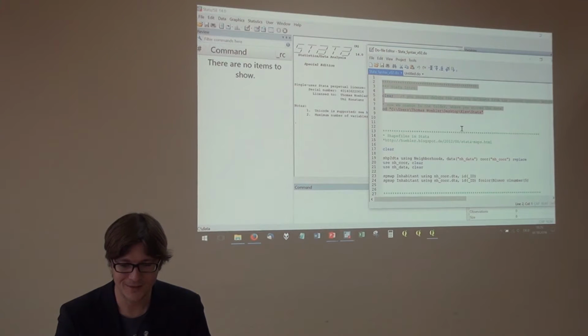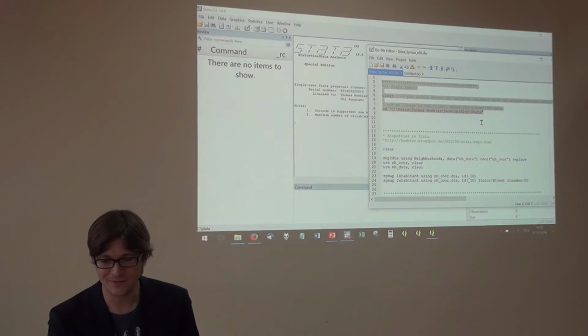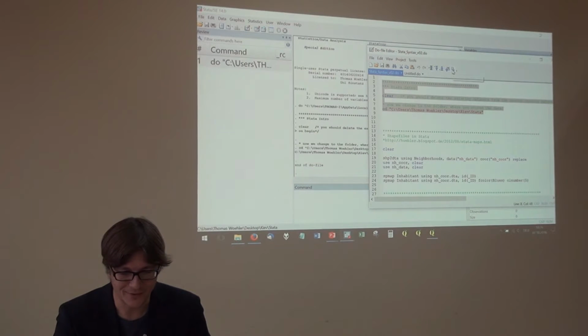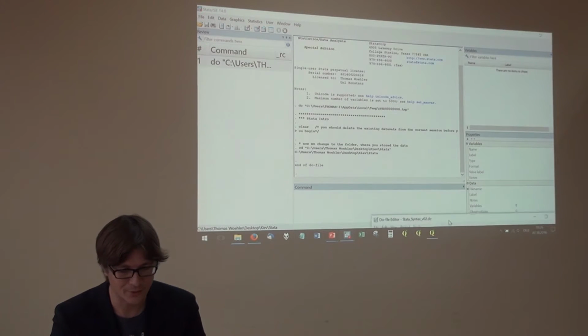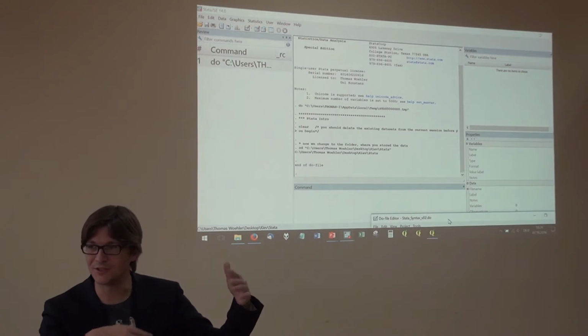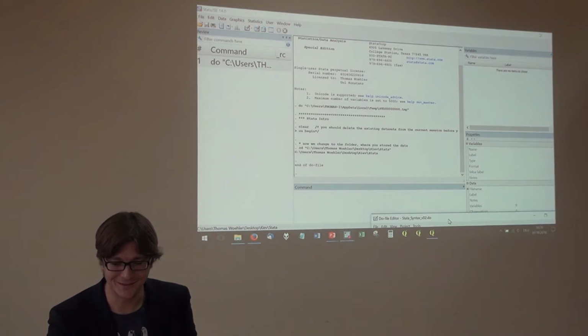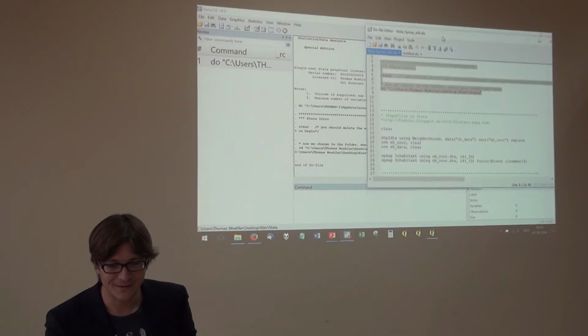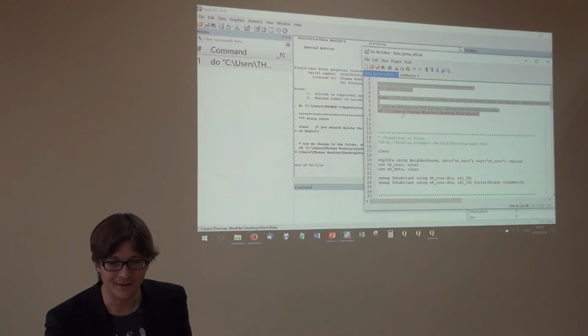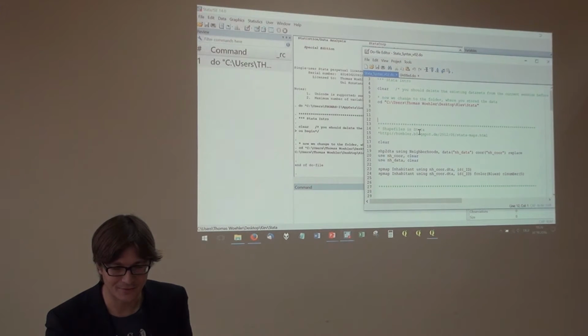My data folder is on the desktop, and it's called Kiev, and then Data. I will run this first, and you see in the results window it's just repeating the commands that I had here in the syntax file.